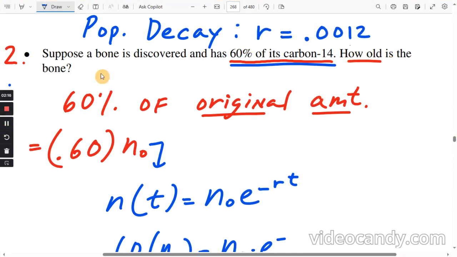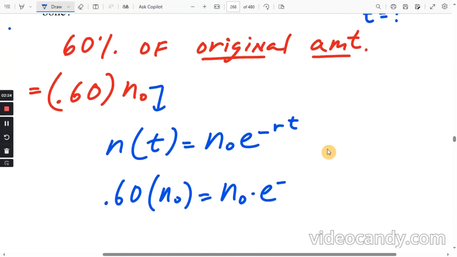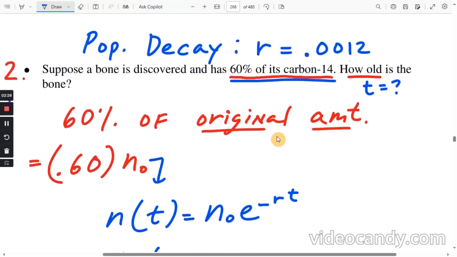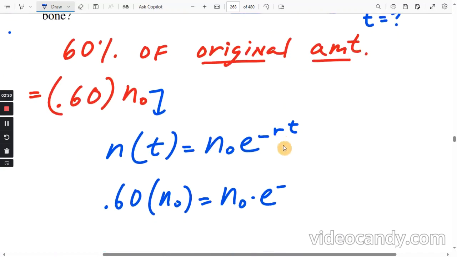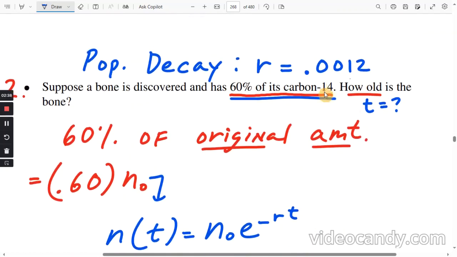They're asking how old is the bone, so we are solving for time t. So e to the negative r, where r is going to be 0.00012. That's in place of r. Three zeros, right? I should have written three zeros here. There you go.